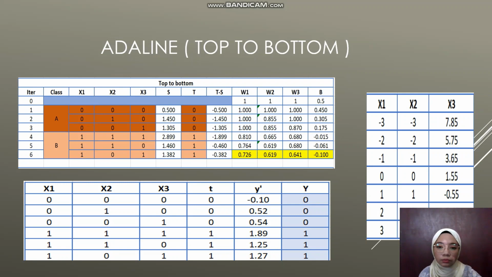Then 0.52 is lower than 1, so 0. 0.5 is lower than 1, so 0. 1.89 is bigger than 1, so 1. 1.25 is bigger than 1, so 1. 1.27 is bigger than 1, so 1. After that, we need to plot the graph, and I will explain in more detail in Excel.